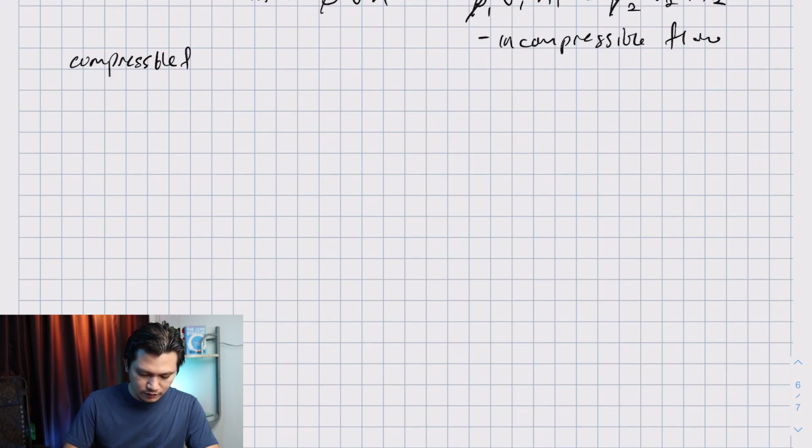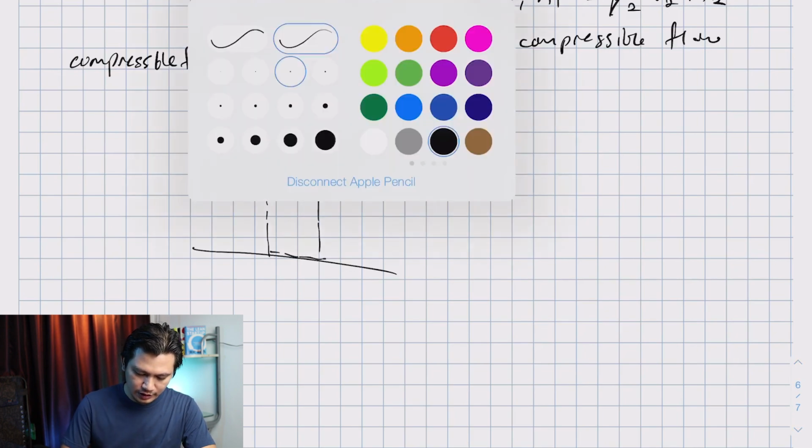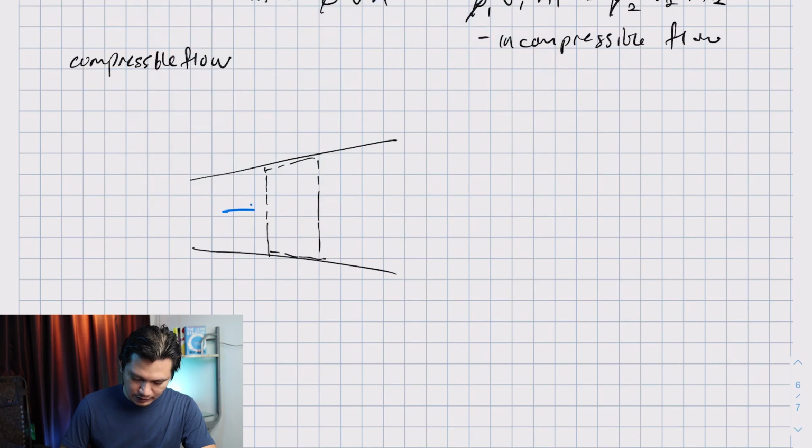So for compressible flow, if you have a pipe that's changing in area, this is your control volume. This is your inlet, and this is your outlet.